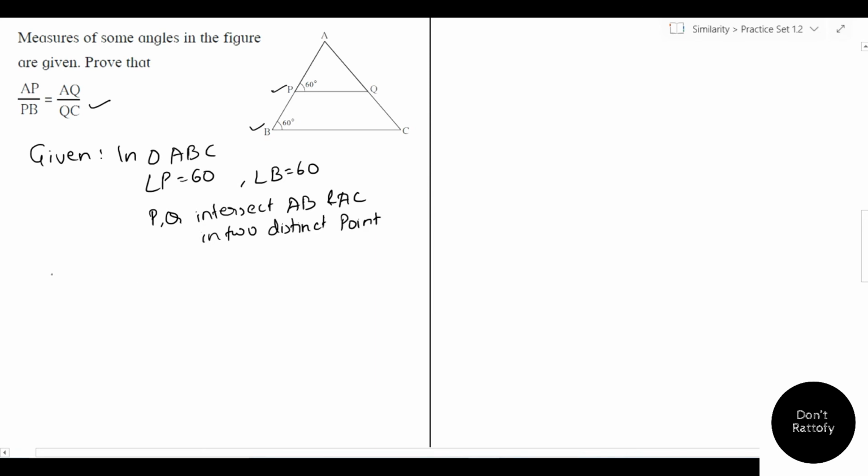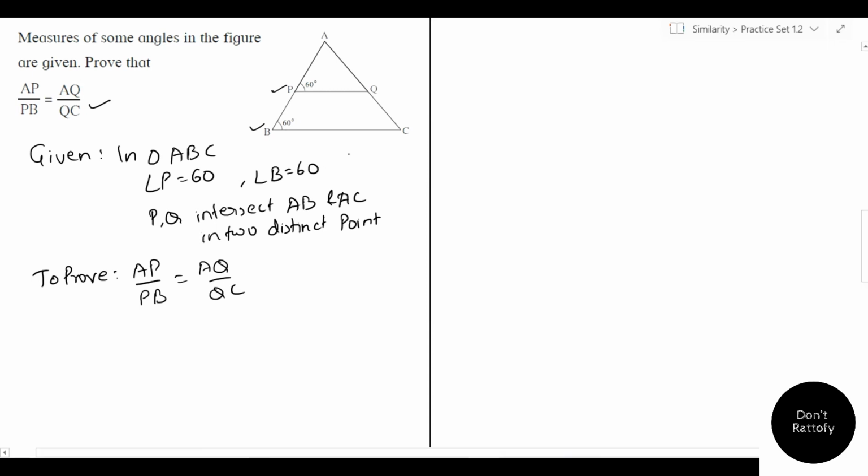Okay, this is our given. To prove is what? To prove, AP upon PB is equal to AQ upon QC. So we just have to prove the first part, that is PQ is parallel to BC.